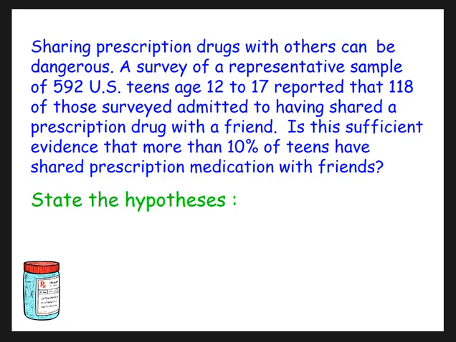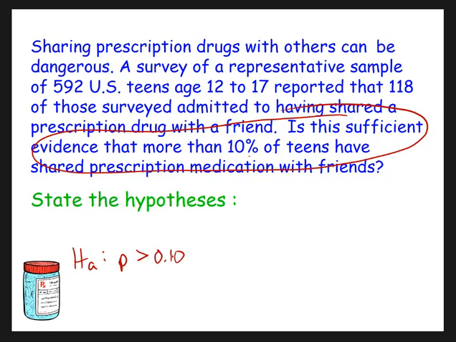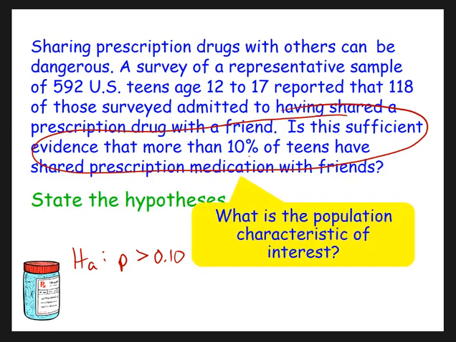So we're trying, it says, is this sufficient evidence that this is true? So that is always the alternative, what we're trying to find sufficient evidence for. So the alternative, HA, would be that the proportion is greater than 10%. The null then is the neutral statement.